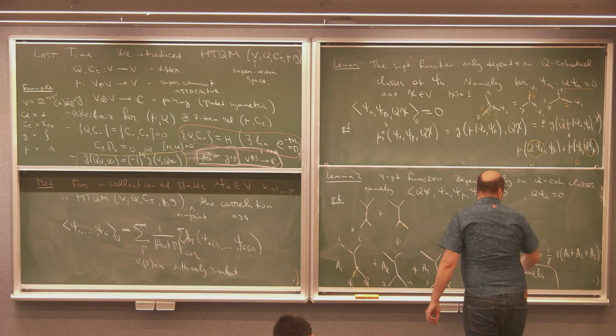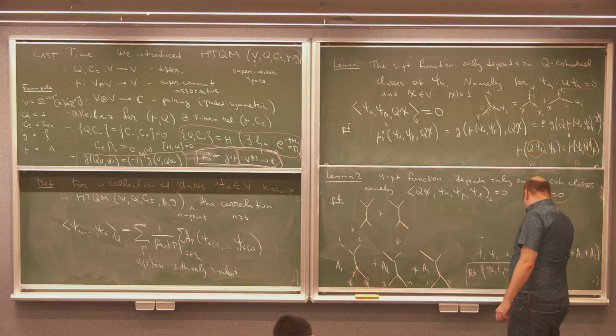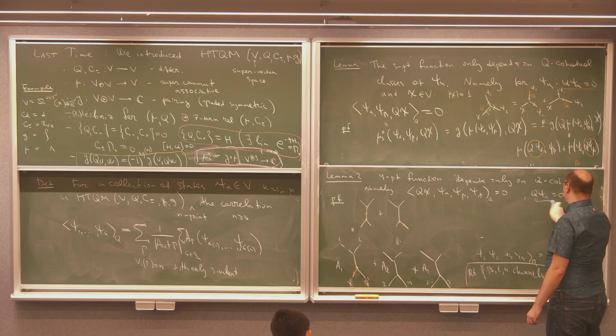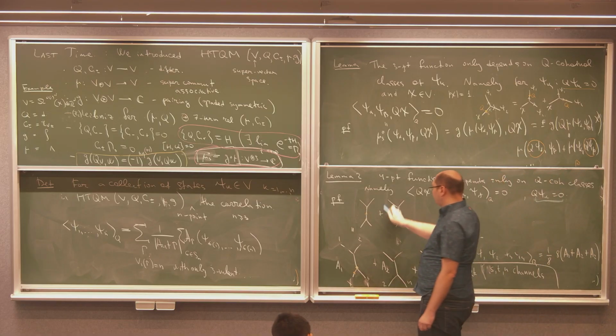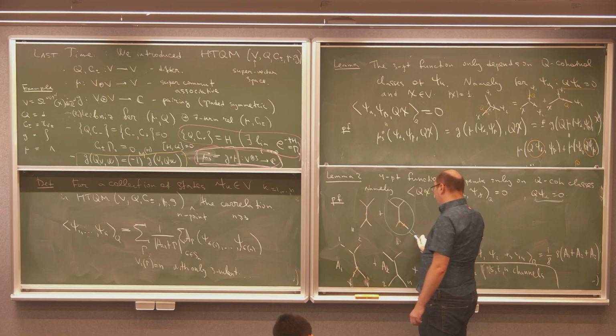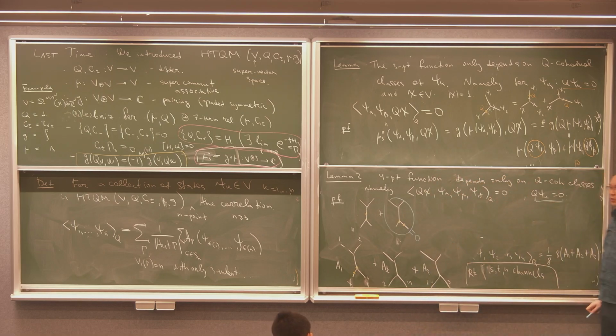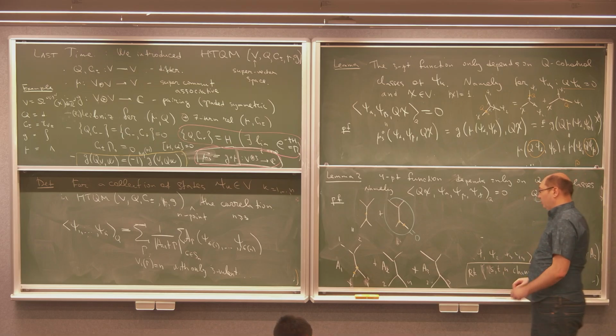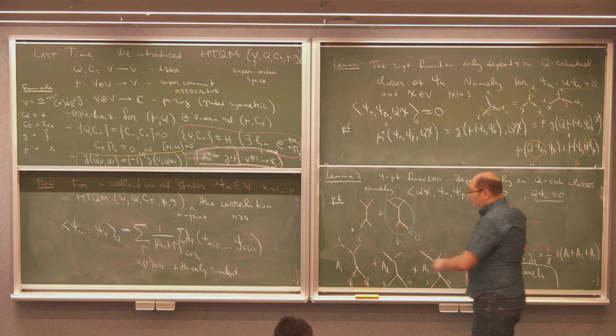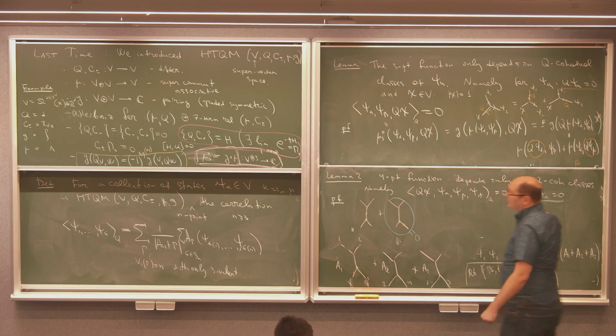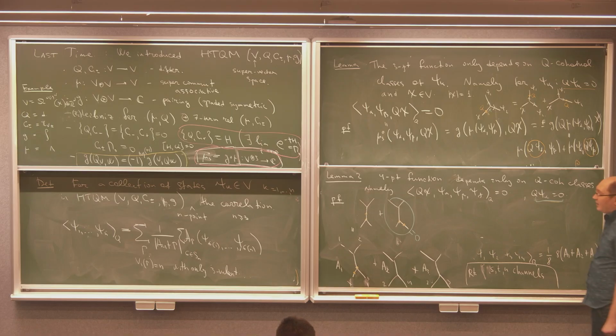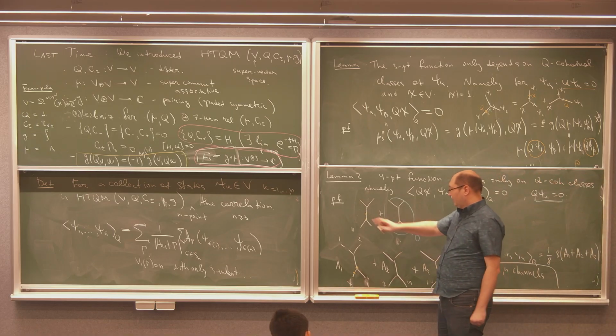Once again, because Q acting on psi k is 0, this contribution would immediately vanish, because here we have Q acting on one of the states that are Q closed. So what about this contribution? Here we have a different contribution because Q is acting on some internal state.